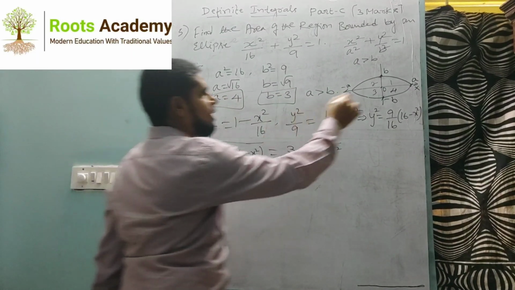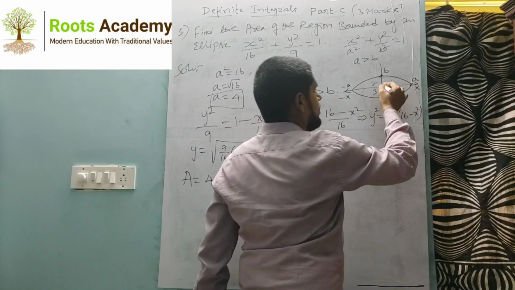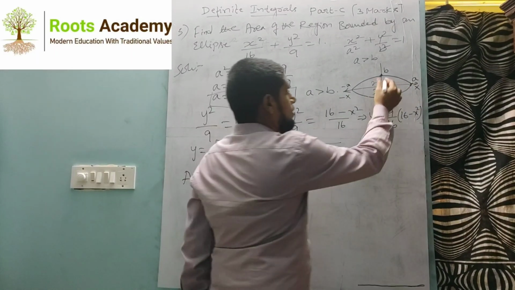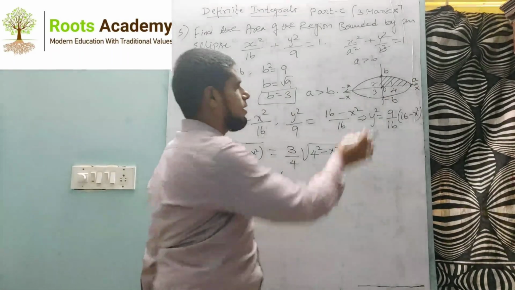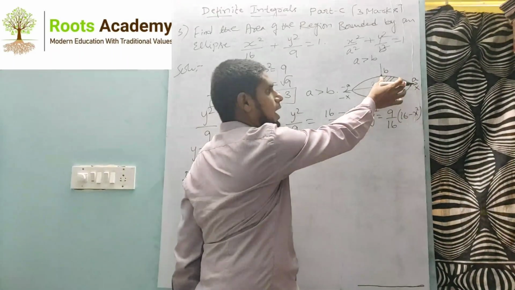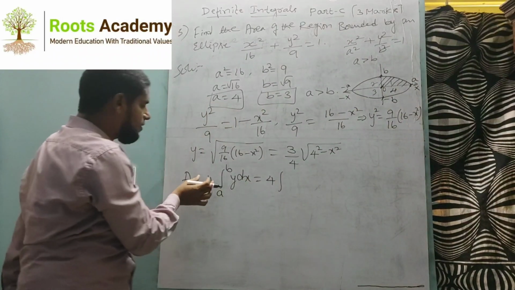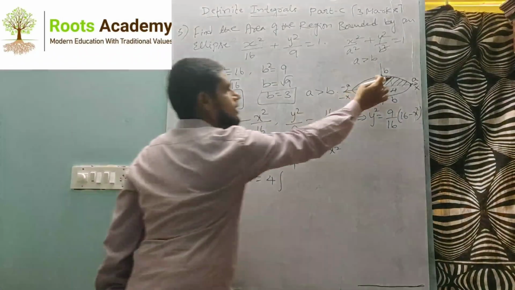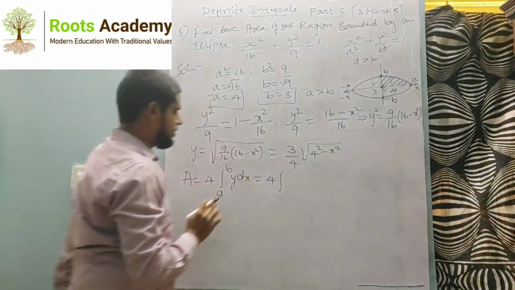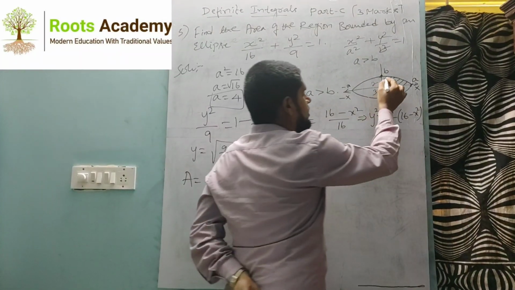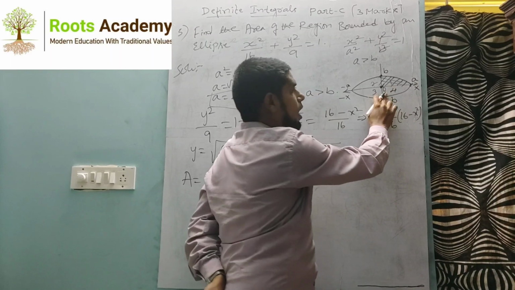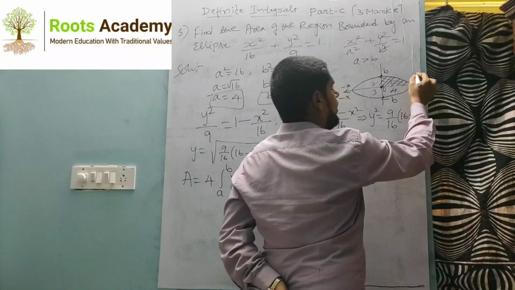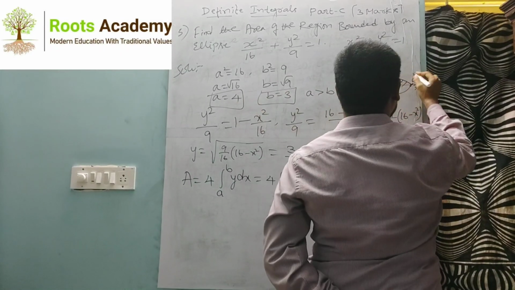Here, the real limits exist. You can see on this region, this is a region. This region's area I will find, and I am multiplying it by 4. Then I will get the complete area of the ellipse. This region starts from origin 0, and where does it end? At A. What is the A value I got here? It is 4.